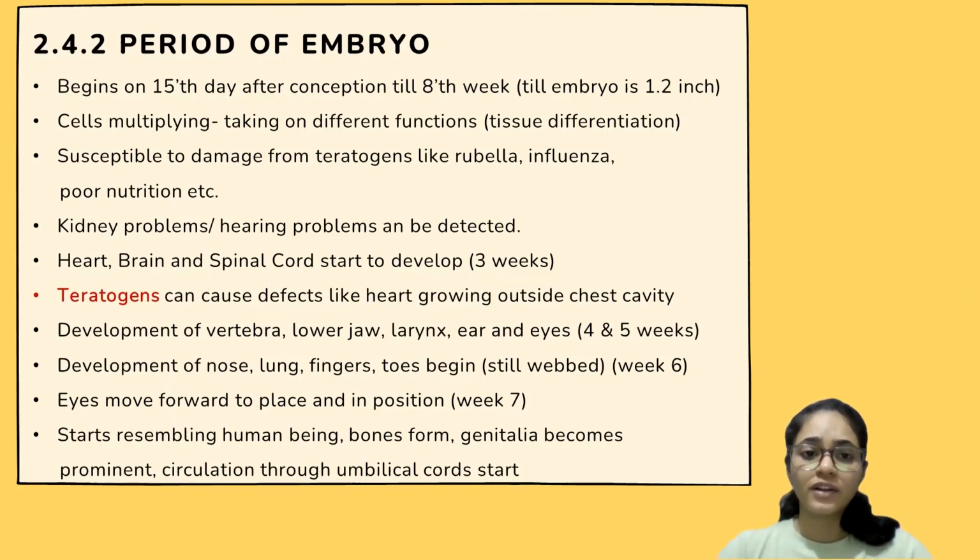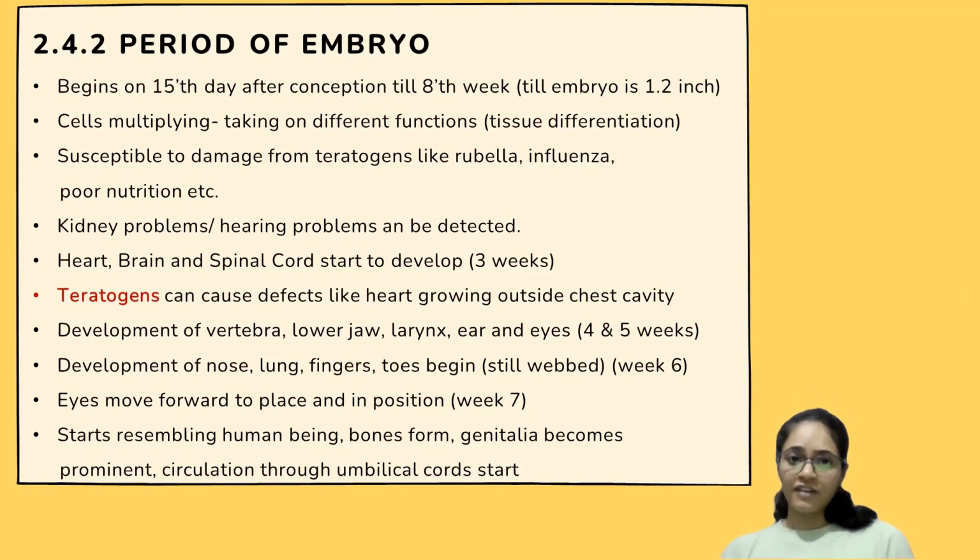So diseases like rubella, influenza, measles, or even poor nutrition, alcohol or cigarettes can have an effect on the child's development.